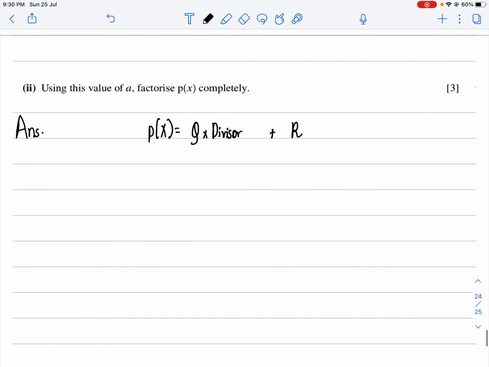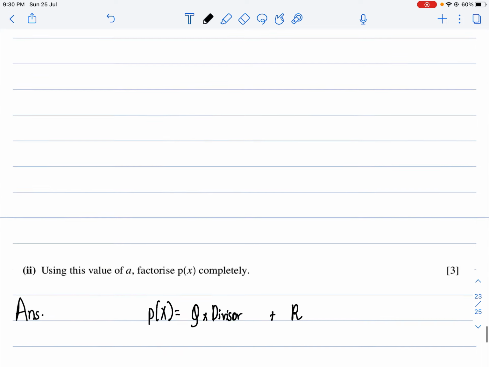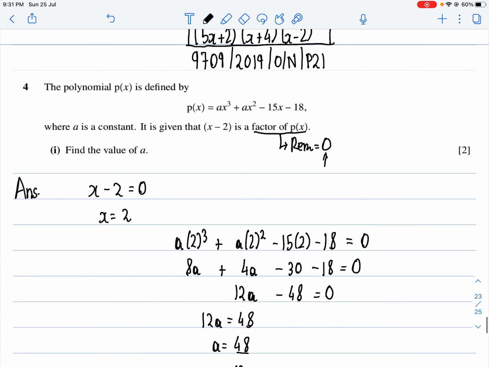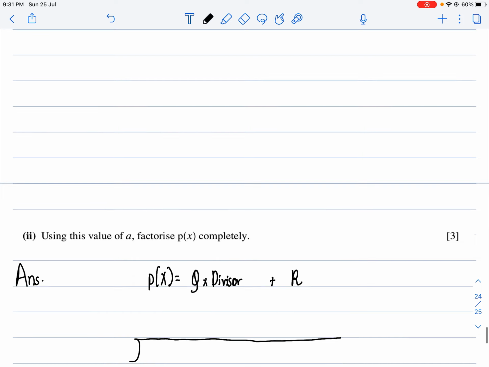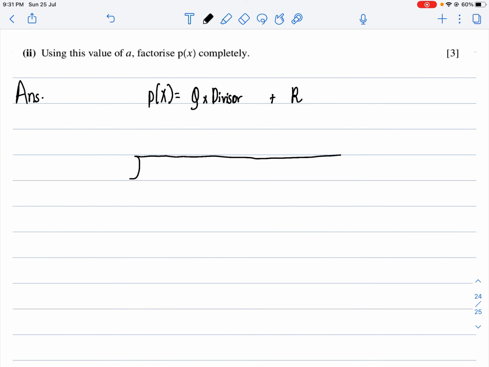But here again, we don't have a quotient, so I need to perform long division first. I write the p of x with a, and I know my a is 4, so I can write this as 4x cube plus 4x square minus 15x minus 18.